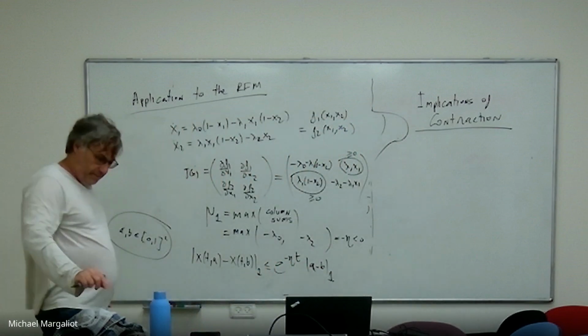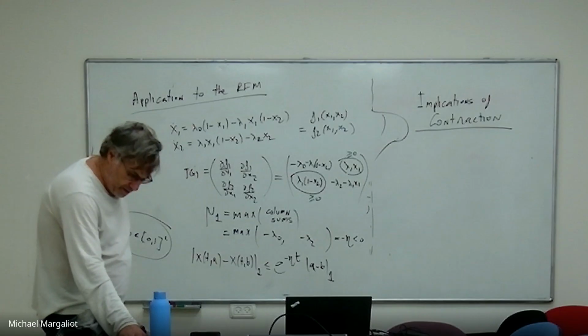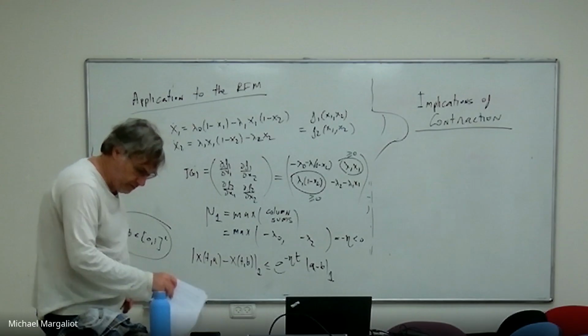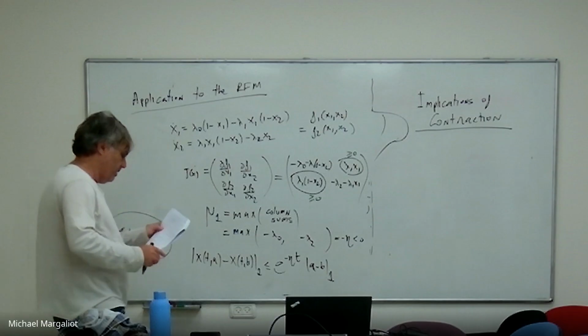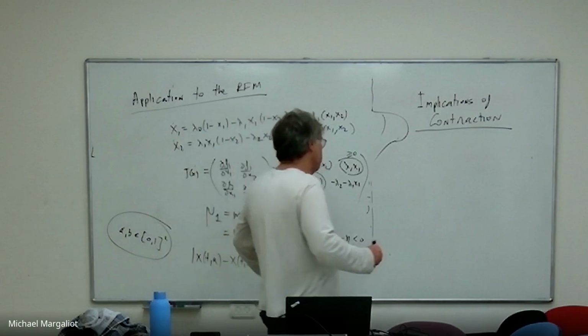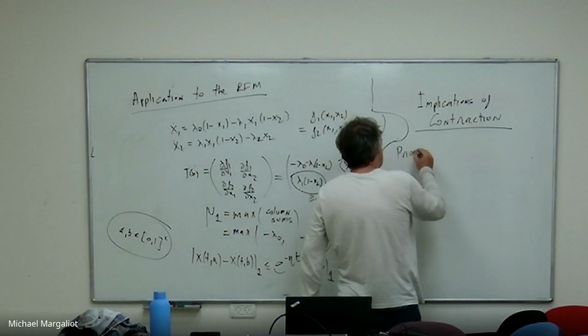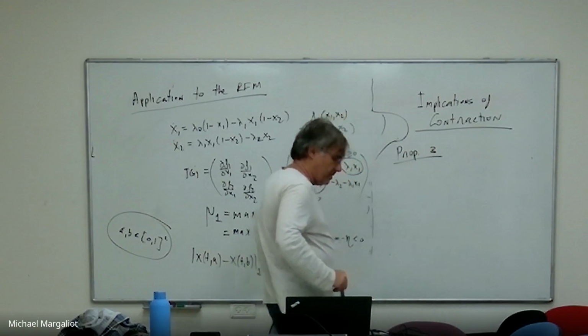I already briefly mentioned this in my first introduction talk, but now we can make it more rigorous. So this is proposition 3 in the lecture notes that I will send you.